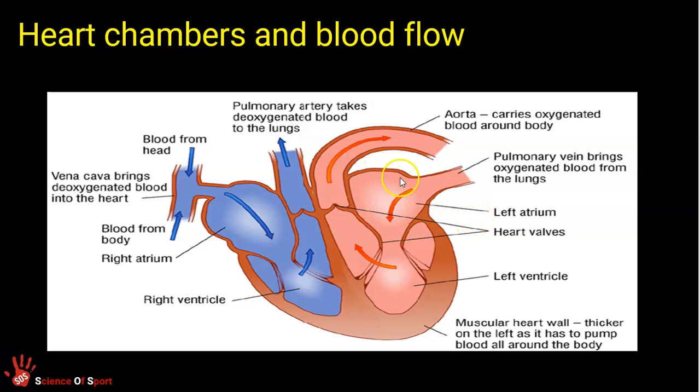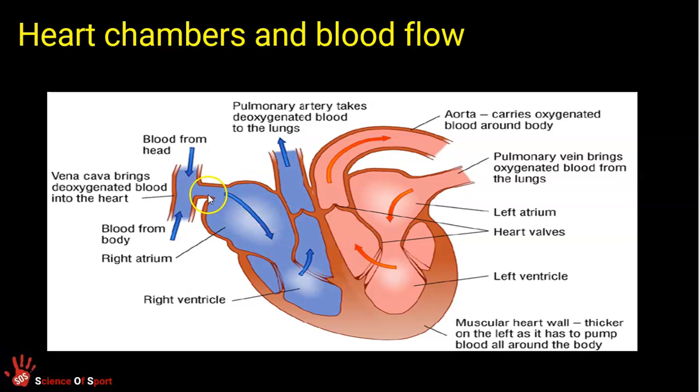What we should see, and this diagram doesn't show it brilliantly, is that the atria are relatively small compared to the bigger ventricles. The job of the atria is to receive blood, oxygenated blood from the lungs via the pulmonary vein. Veins go towards the heart, arteries go away. So a pulmonary artery goes away, the pulmonary vein comes towards the heart.